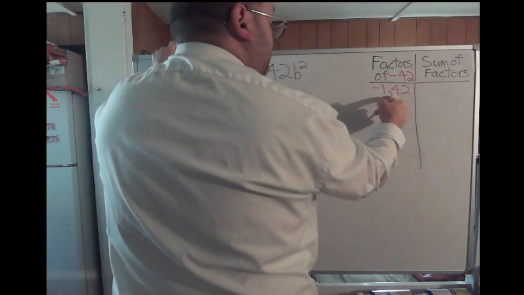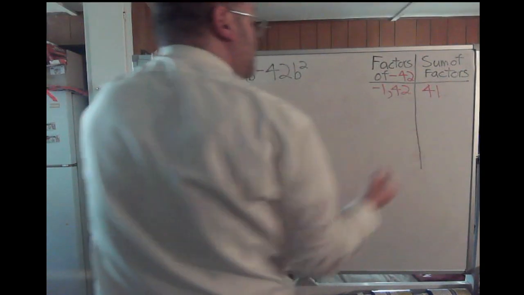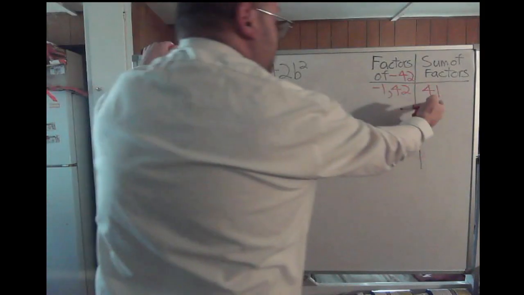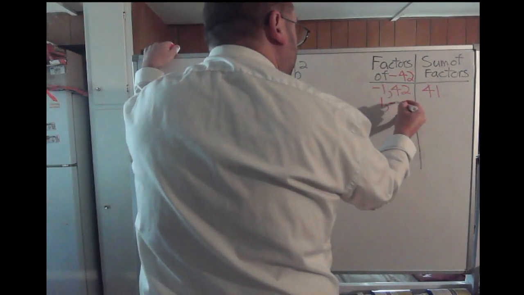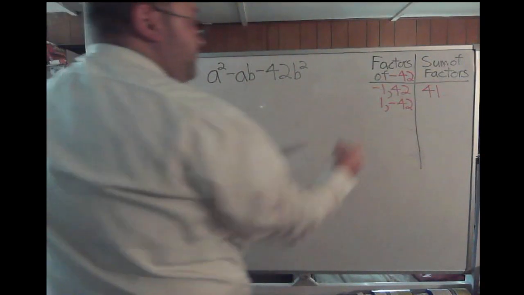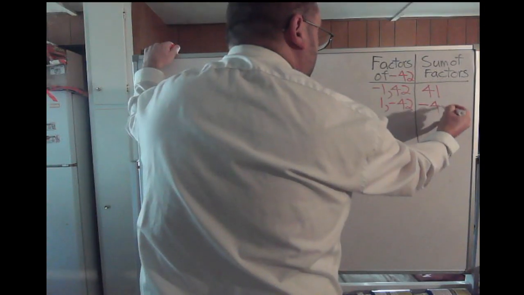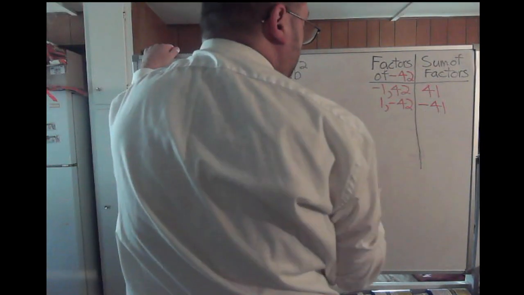If you add those together, you would get positive 41. Well, your middle coefficient should be negative 1, not positive 41. That doesn't work. So how about 1 and negative 42? Well, if you add 1 and negative 42 together, you get negative 41. Your coefficient should be negative 1, not negative 41.